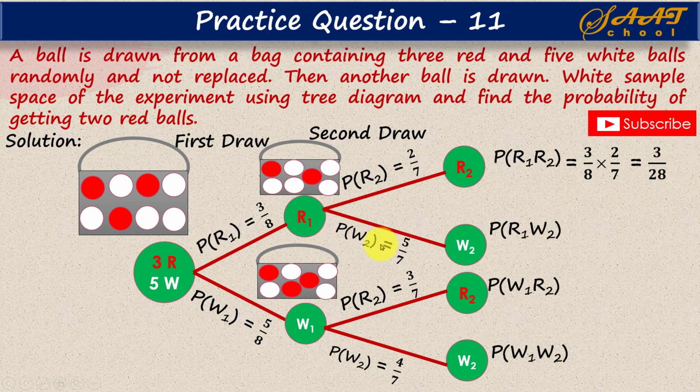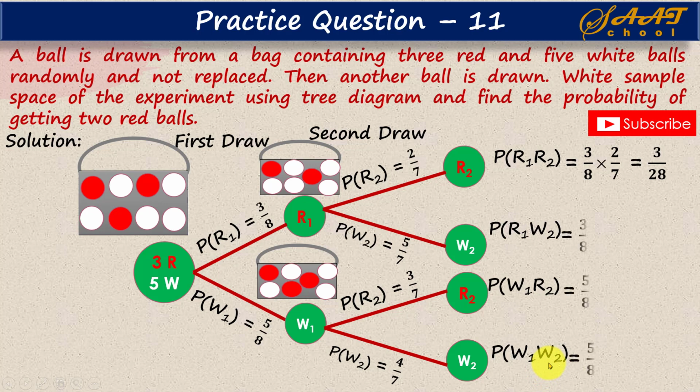So this one is for probability of red in the first draw and probability of white in the second draw. Same here and same here, like probability of white in the first draw, probability of white in the second draw.